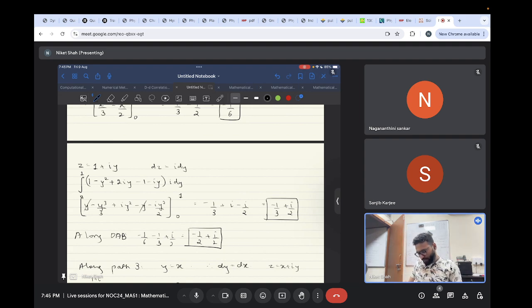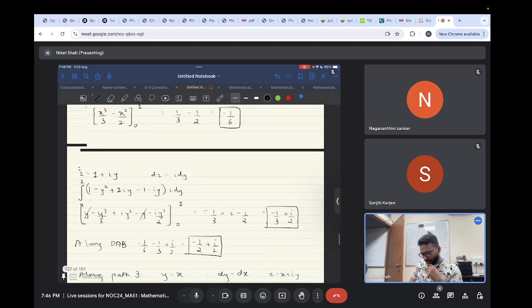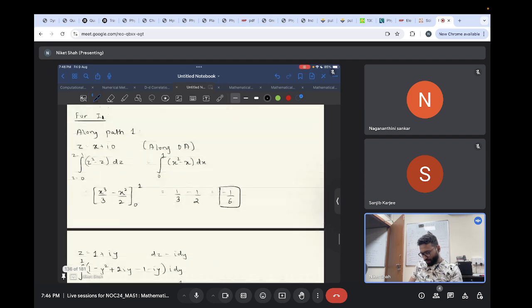So when I integrate, what I get is this gets cancelled out, minus y cube by 3 plus iy square by 2. Alright. 1 gives me i by 2 and here it gives me minus 1 by 3. Okay, that seems okay. What about here?